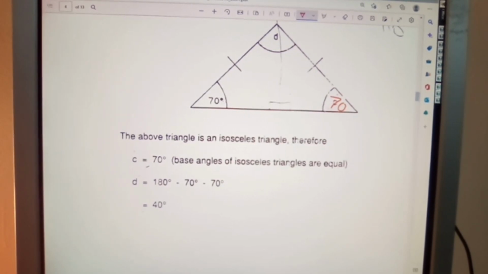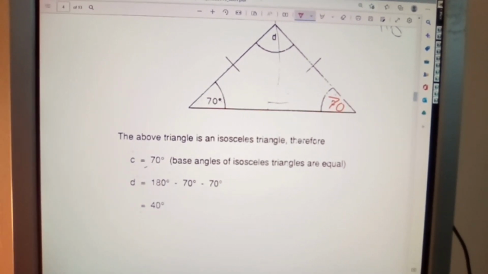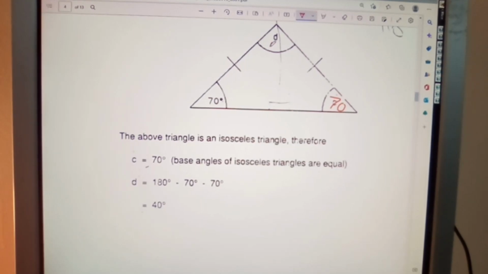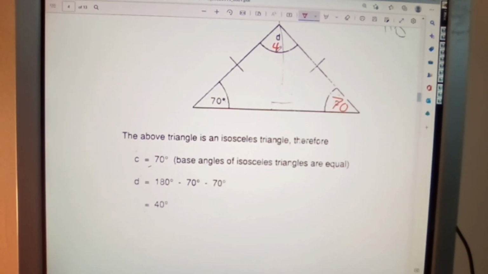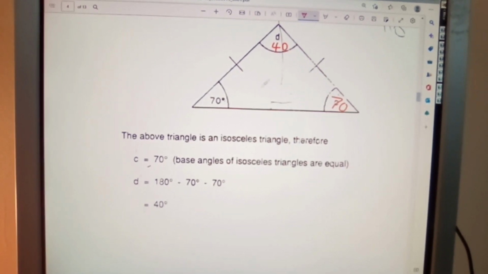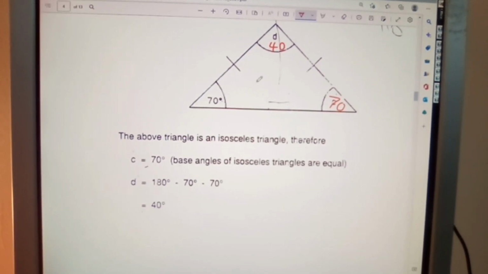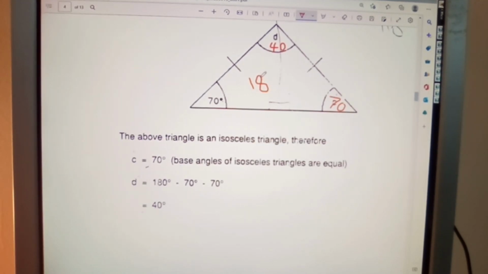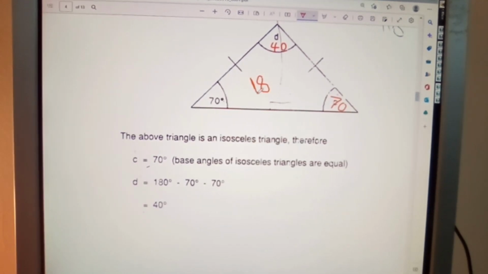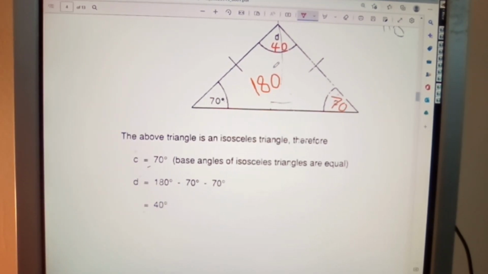Therefore, this angle here must be 40 degrees, because they add up to 180. 140 plus 40 is 180 degrees. Quite simple for you to work through.